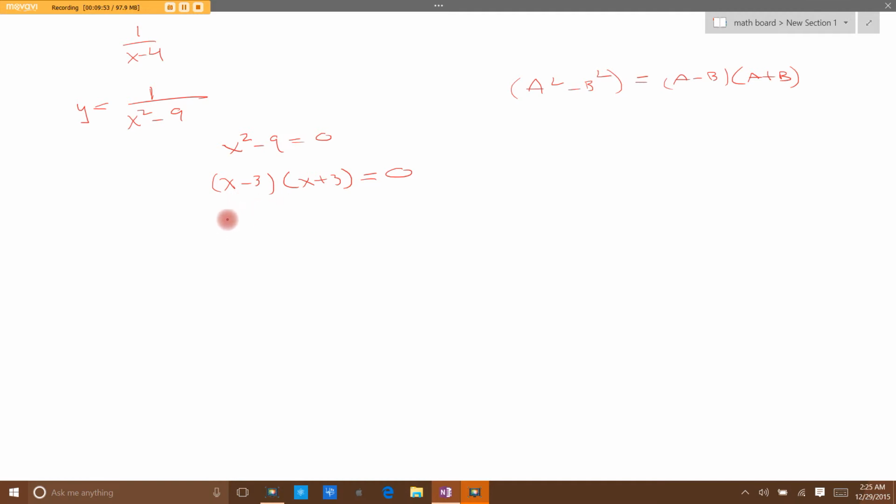Set it equal to 0, and we know the x values that we cannot use. x minus 3 equals 0, solve for x, you get 3 and negative 3, for both of them.